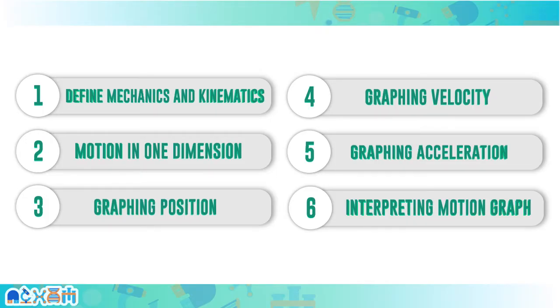So our previous topic, Lesson 4, Part 1, discusses the different definitions of mechanics and kinematics, and describes what we mean when we say an object is in motion in one dimension. It pertains to motion in terms of distance and displacement, the change in motion in terms of velocity and speed, and the change in the rate of speed or velocity, which means acceleration.